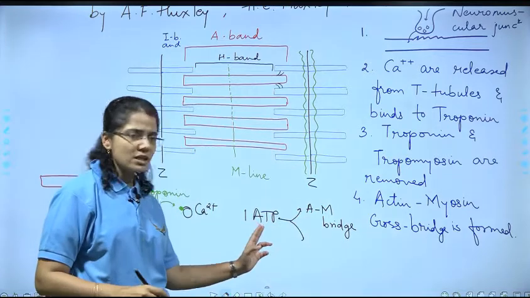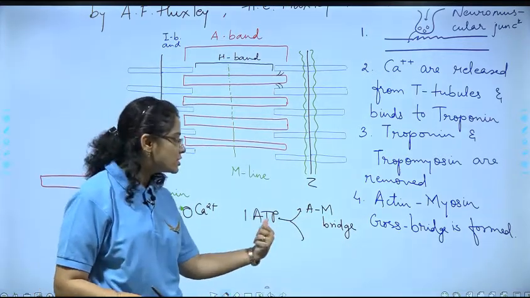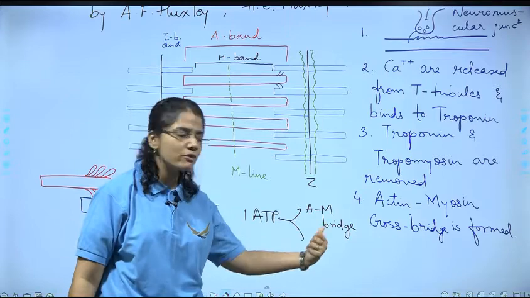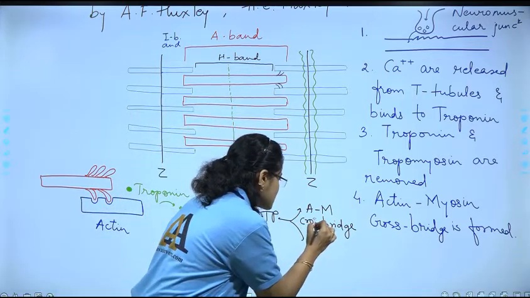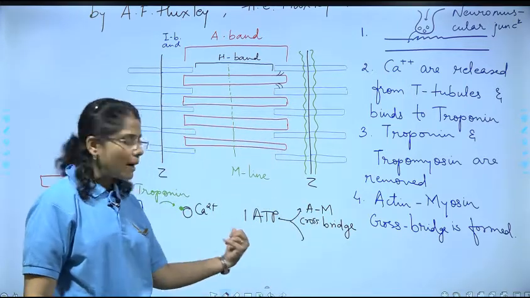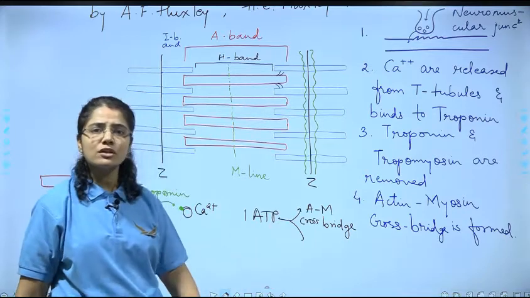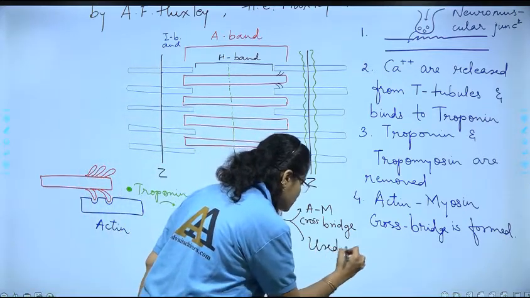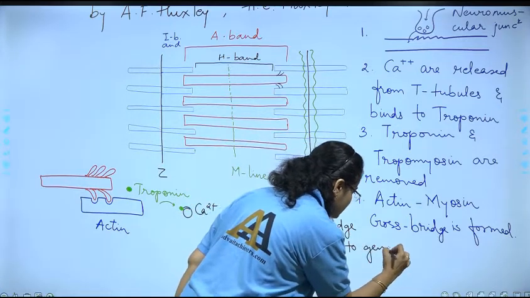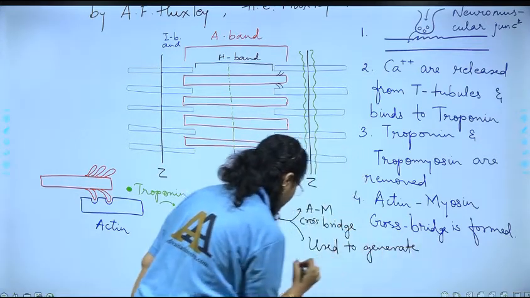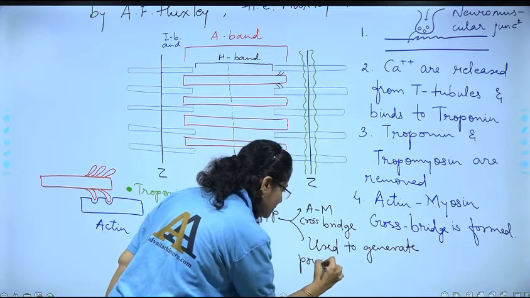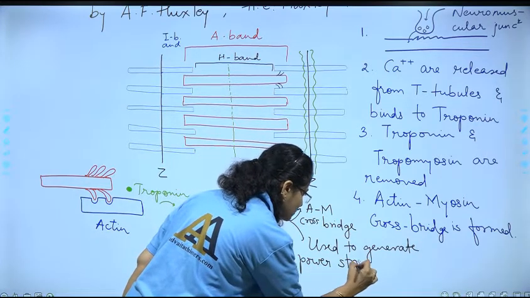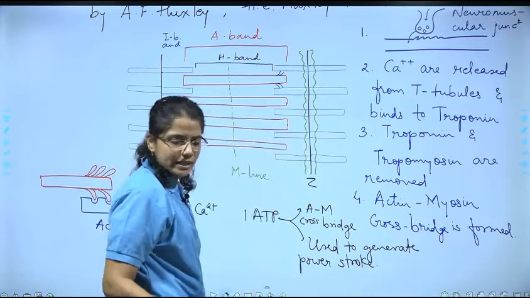Part of the energy released by ATP is used for the formation of the actin-myosin cross bridge. All right, and part of its energy is used to generate a power stroke. Now what is this? Now let us understand that.